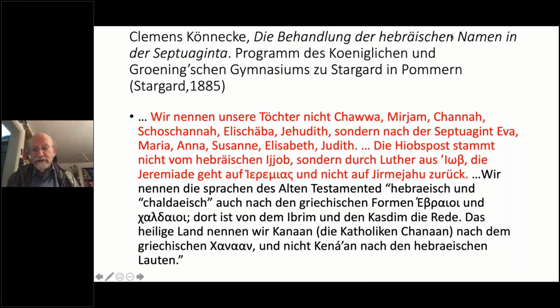Well, he found that actually we depend much on the Septuagint, and the same is for the whole world. So this is not a variant. This is how the Septuagint translators decided to transliterate. We call that Chava is Ewa, and Miriam became Maria, and Hannah, Anna, etc. So this is not a variant.